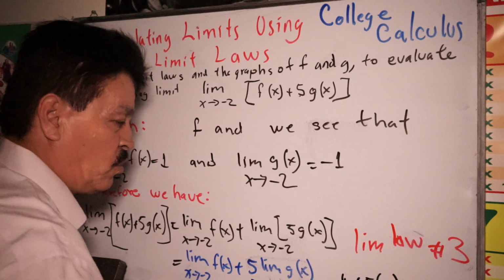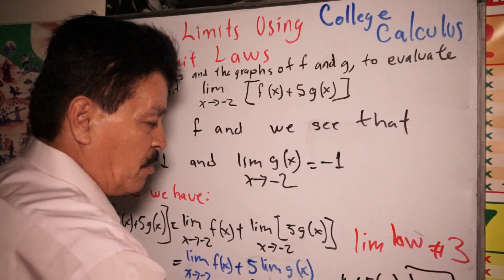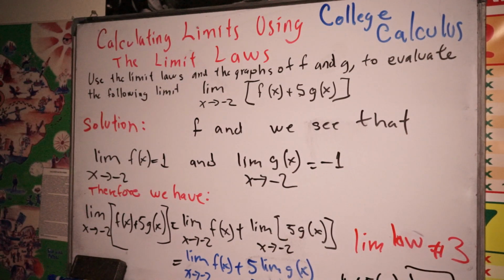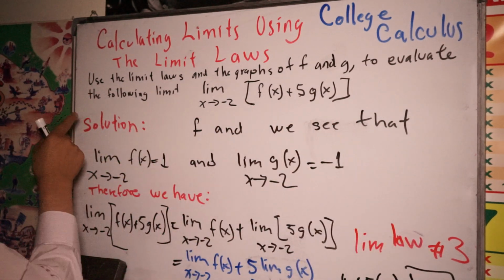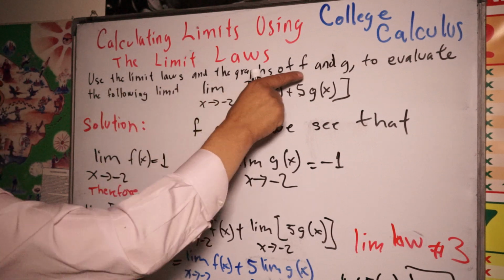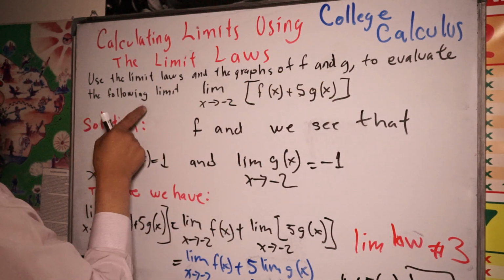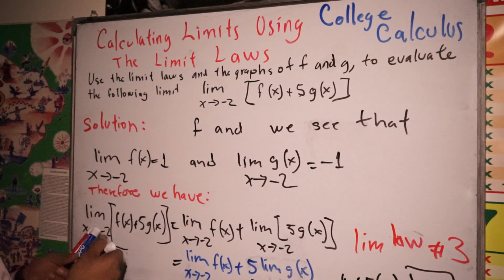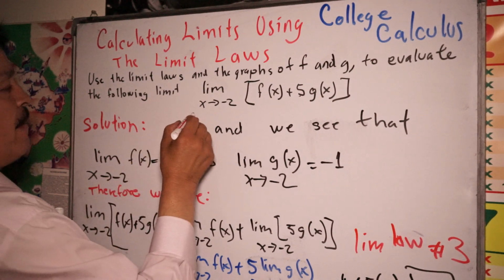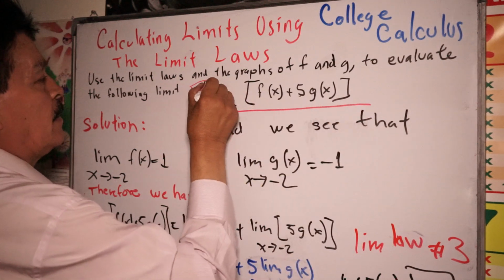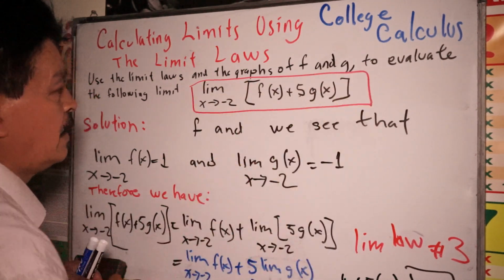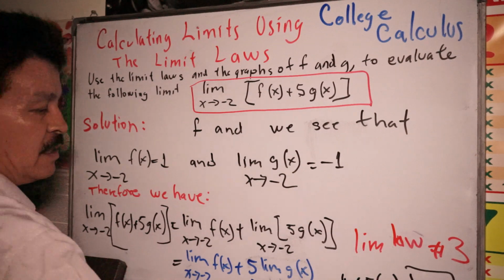This is our solution, using limit law number 3. So this is the solution for the problem: use the limit laws and the graphs of f and g to evaluate the limit. The solution is -4.